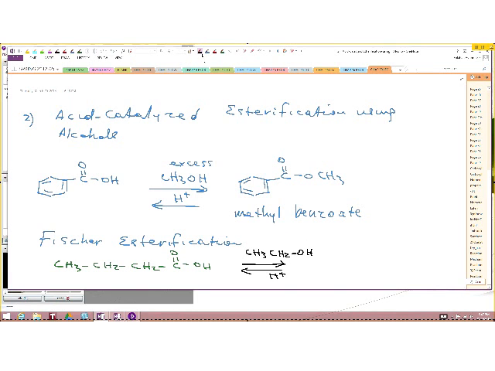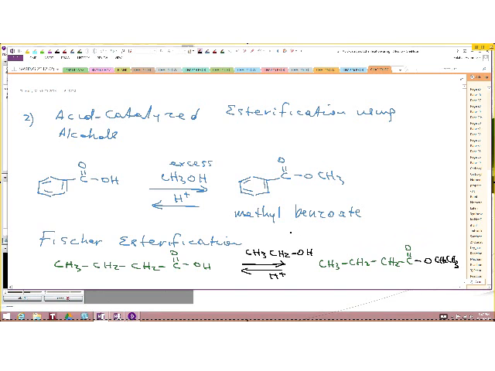And then what do you get? You get the ethyl ester of the corresponding acid. That would be the ethyl ester of that acid.